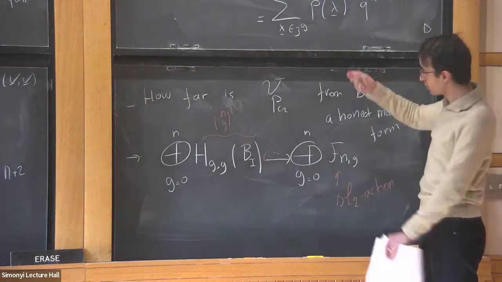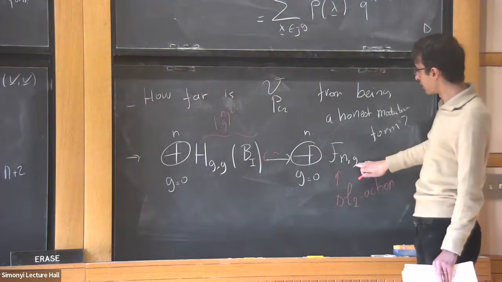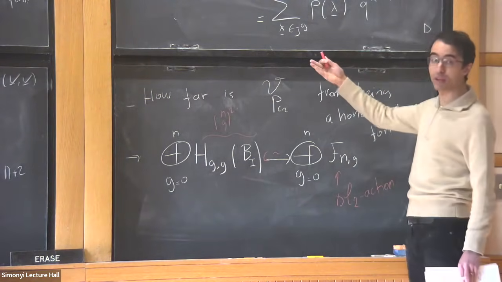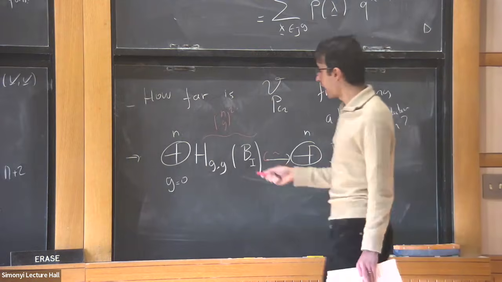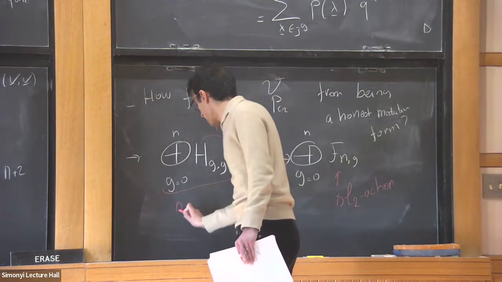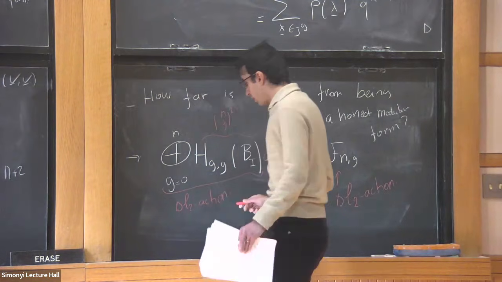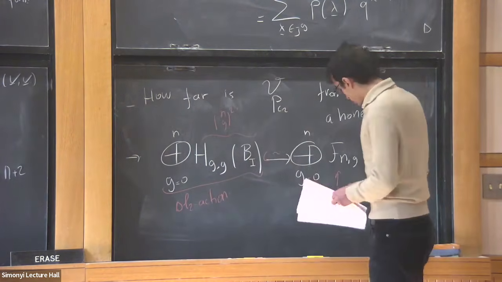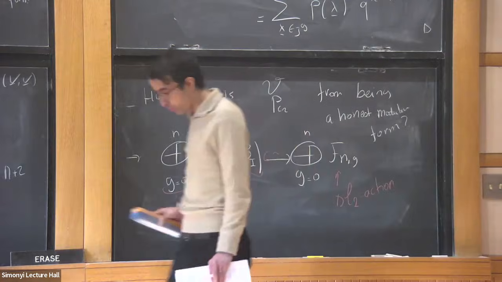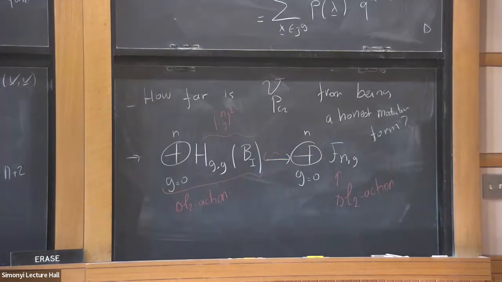Then you have a raising operator that takes you from Fn G-1 to Fng. And same thing here, this also has an SL2 action, which is determined by the choice of a polarization, the ample line bundle on the boundary. And there's a very natural line bundle to consider, which is just the conormal bundle.